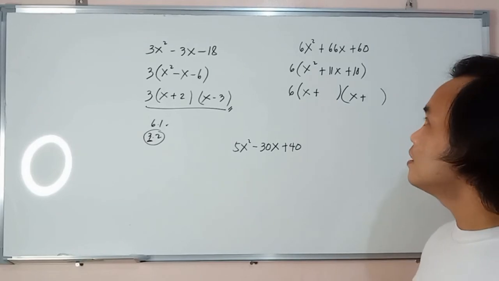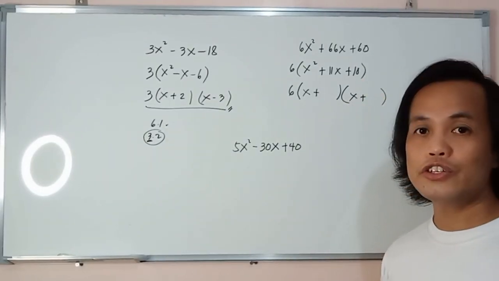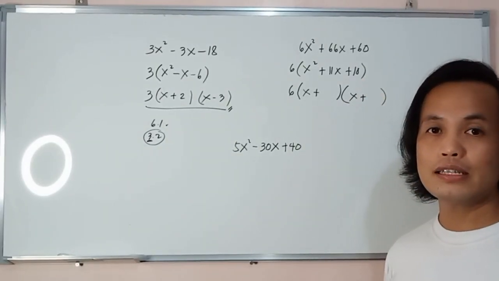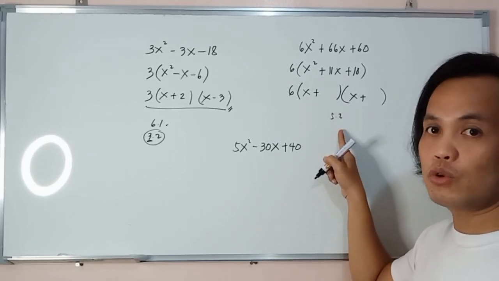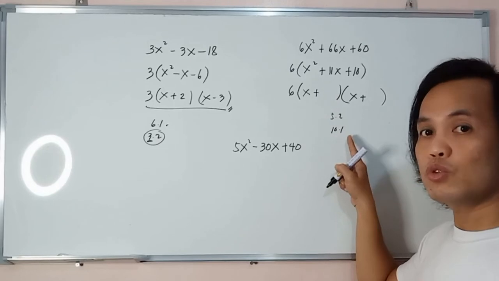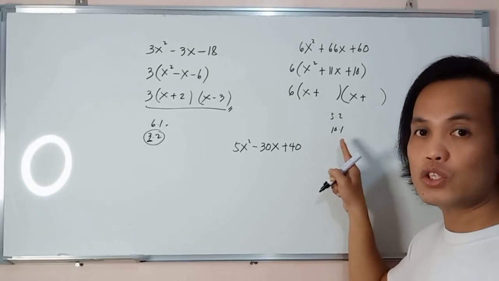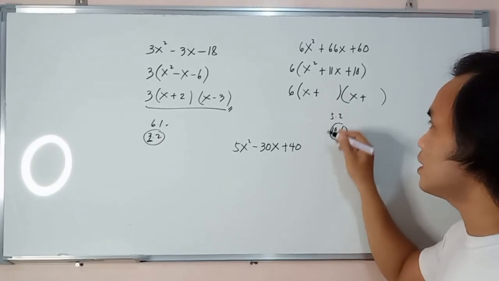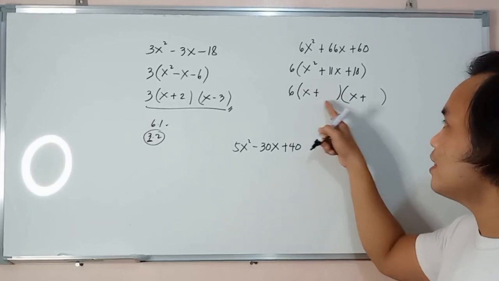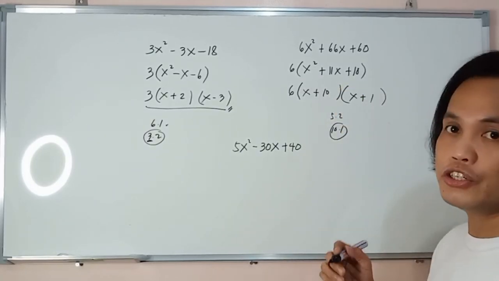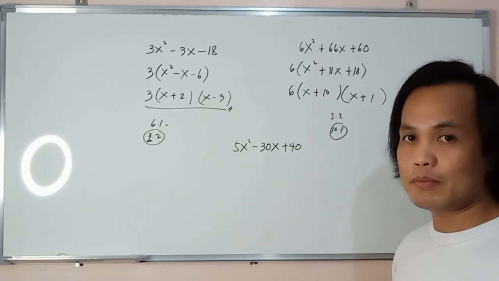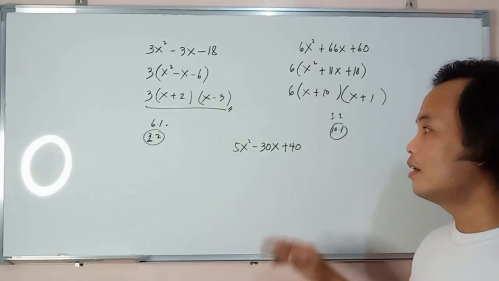Then this time, since this is positive, we get the factors of 10 that when added will give us 11. We have 5 times 2 is 10, but 5 plus 2 is 7. We have 10 times 1 is 10, and 10 plus 1 is 11. So we will be using this factor. And since they are all positive, we can write 10 here and 1 here, or we can interchange: x plus 1 times x plus 10.